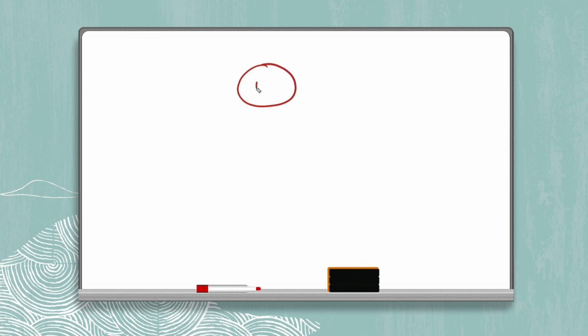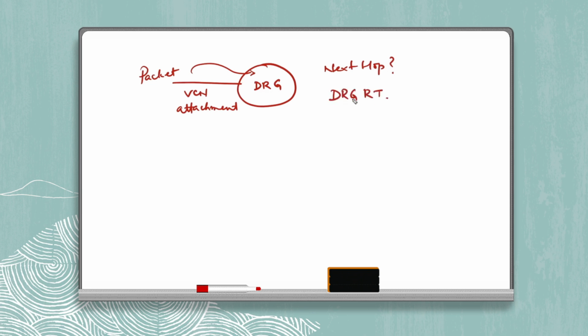So if this is the DRG and this is a VCN attachment, let's say the packet enters the DRG using this VCN attachment. Now, how is the packet going to route? What is going to be the next hop for this packet? That is going to be decided by the DRG route table assigned to this particular attachment.